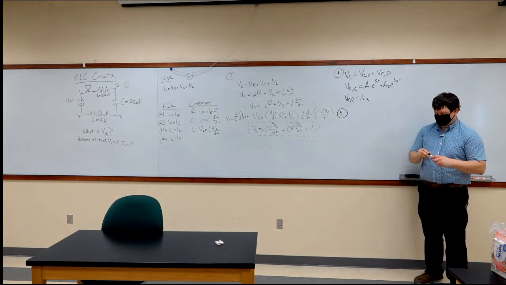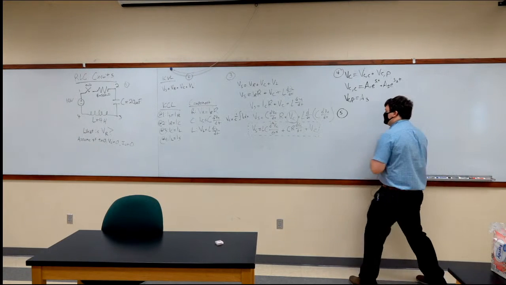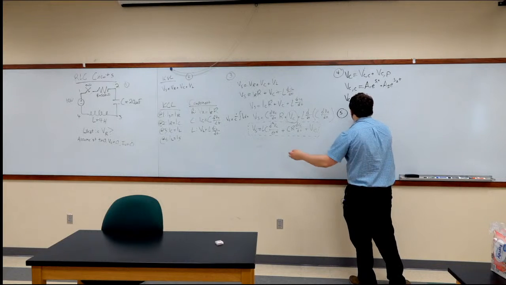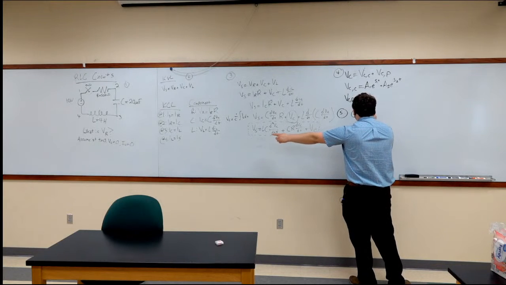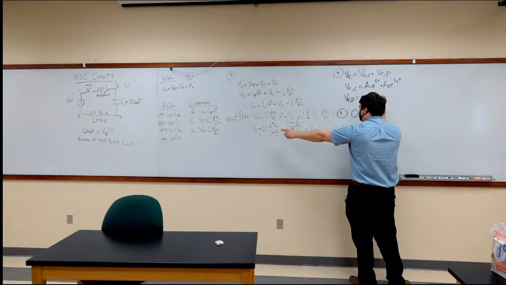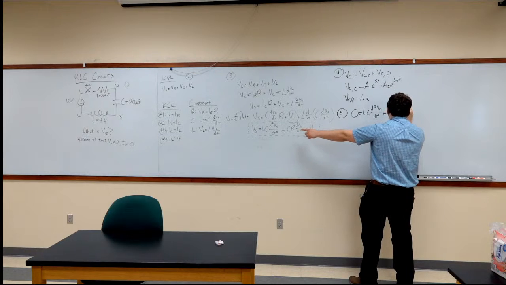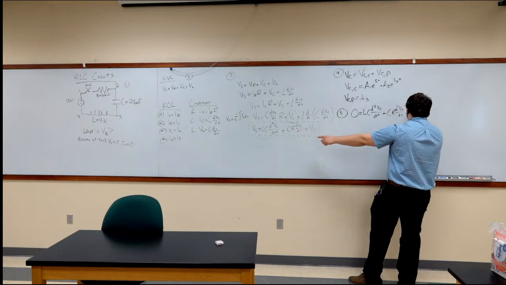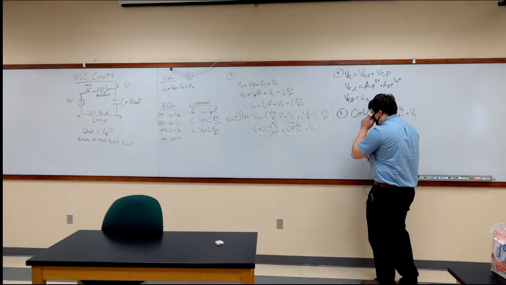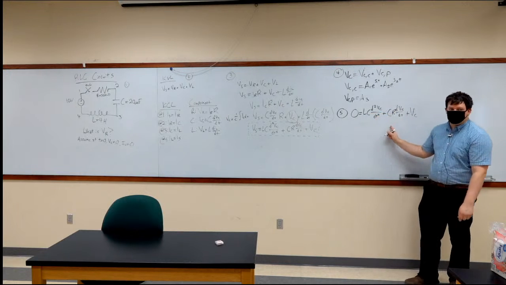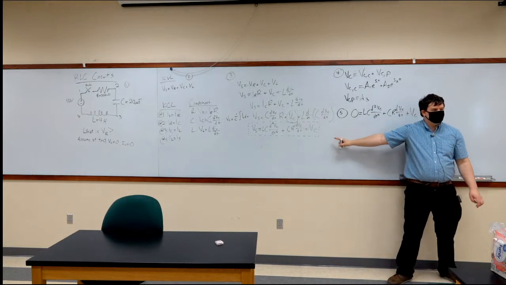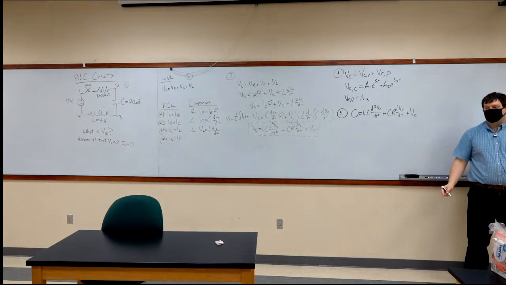So the homogeneous equation that we write is 0 is equal to LC d squared Vc over dt squared plus CR dVc dt plus Vc. The only thing that differs from our constitutive equation is that we don't have a Vs.